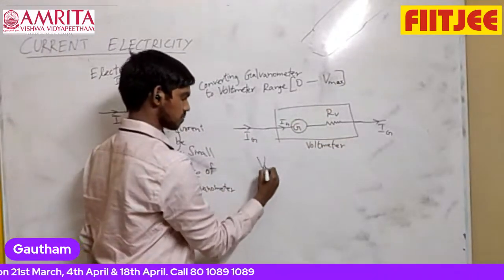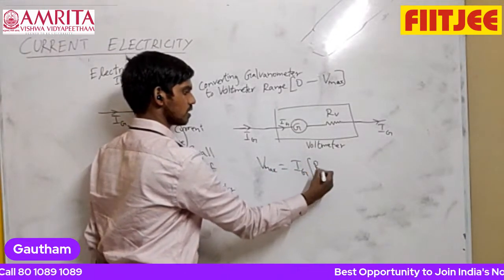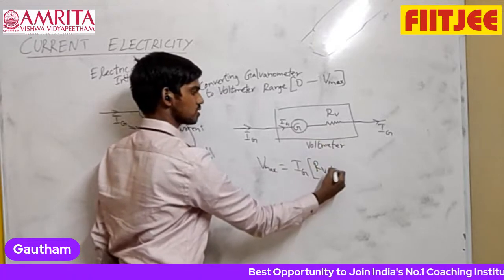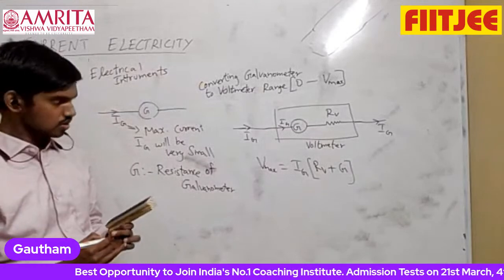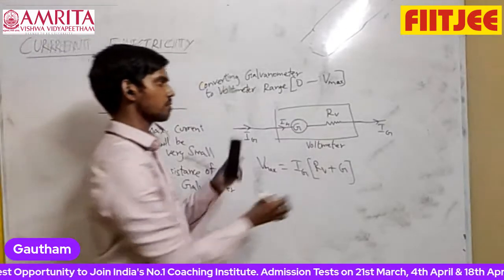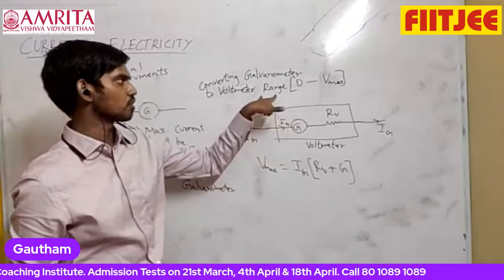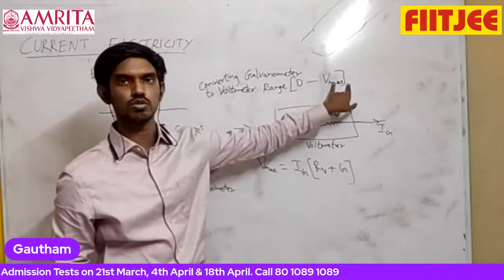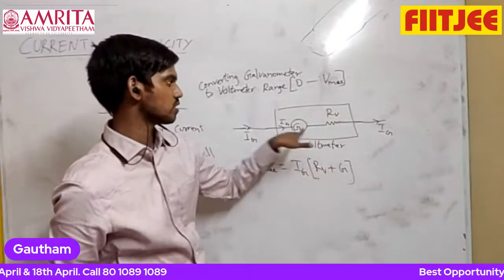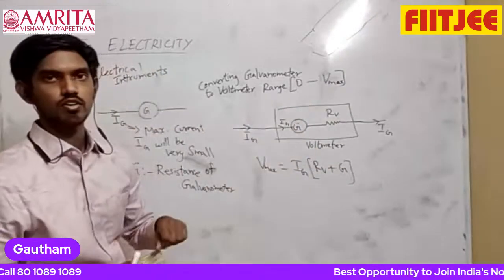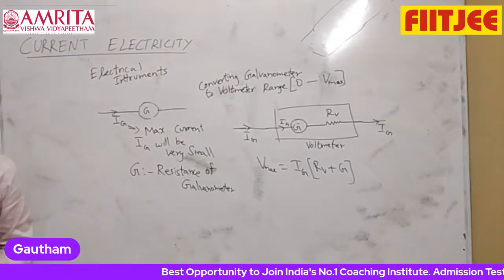So V max will be equal to Ig into the resistance Rv plus G. Current into total resistance is total potential drop. So the total potential drop that can be measured by this voltmeter will be equal to this value. If you want to convert it into a voltmeter which can measure 5 volts, then 5 volt is equal to Ig into Rv plus G, where G is the resistance of the galvanometer. So this is the equation for converting a galvanometer to a voltmeter.